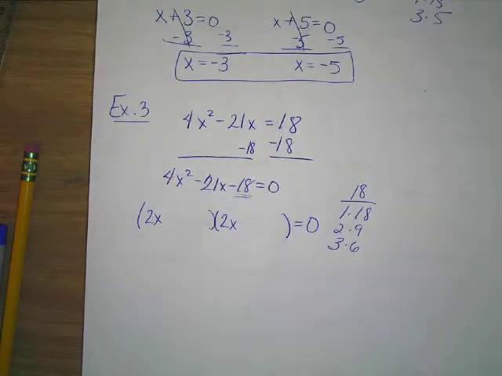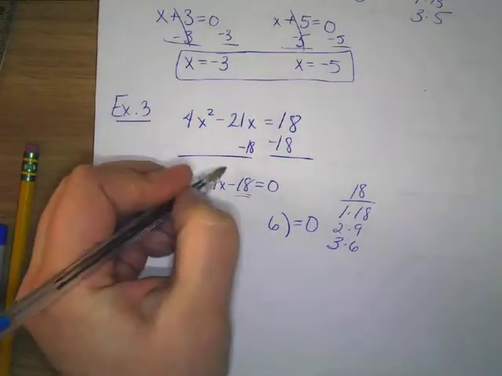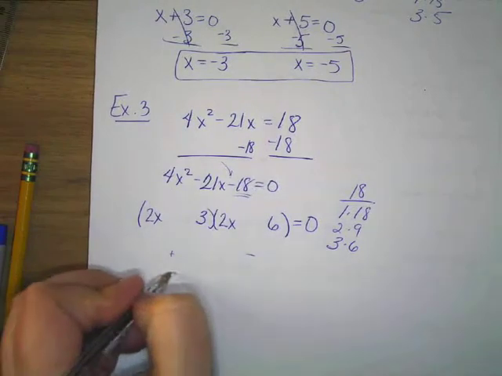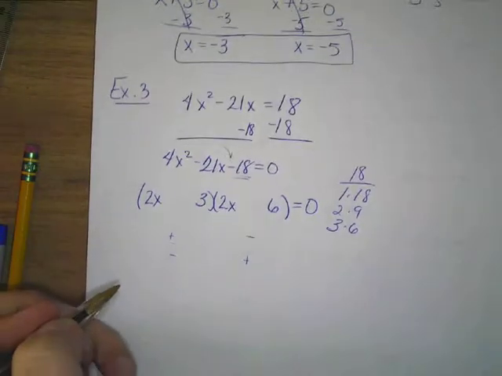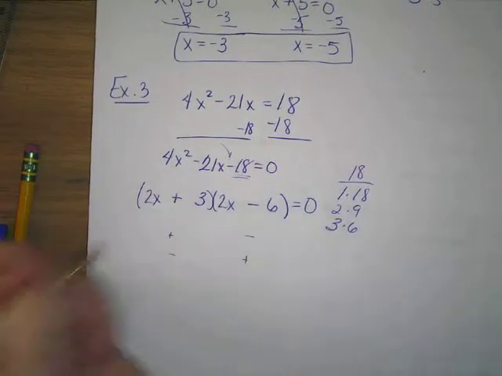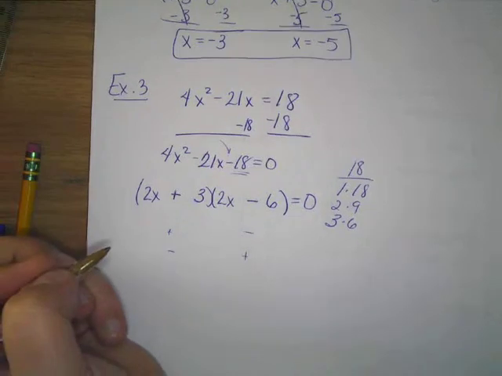Which one do we want to try first? 3 and 6? And this back number is a minus, so it's either plus 3, minus 6, or minus 3, plus 6. Okay, what do we got to do? We got to check it. We don't know if we're right yet.